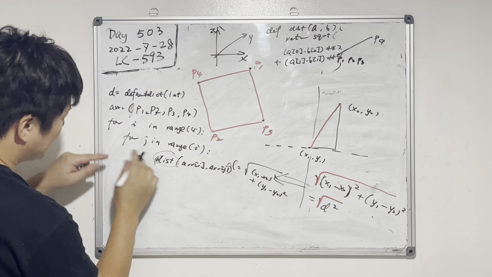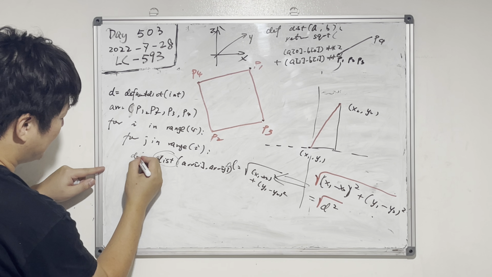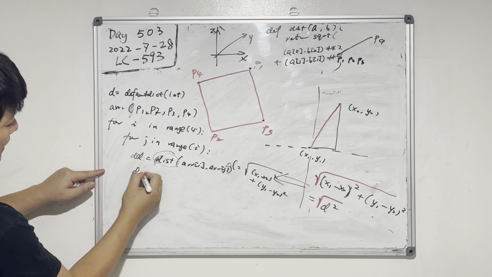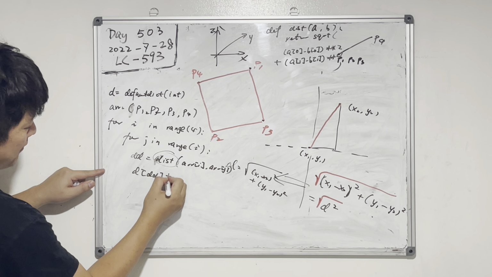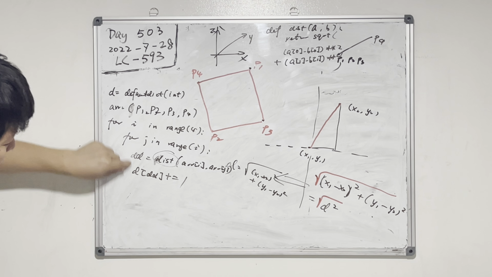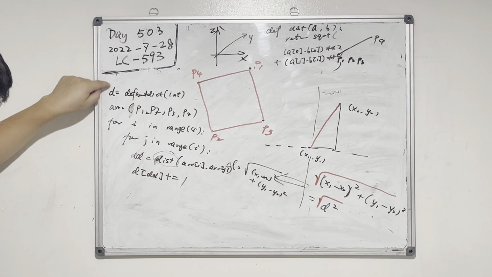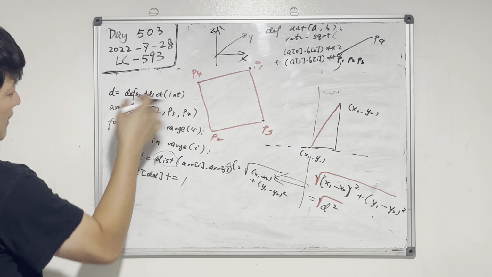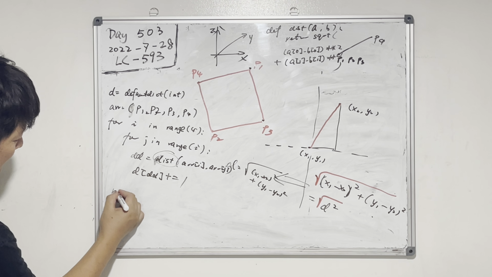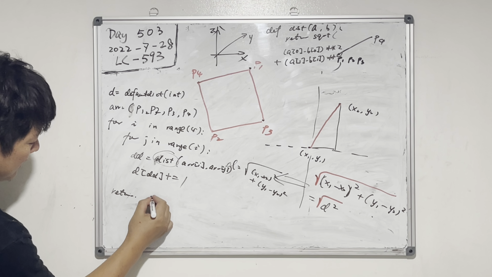Okay, this is the distance. So for dd, we use d[dd] plus equals 1. We calculate the distance and add 1, counting how many times each distance appears. This is a dictionary.